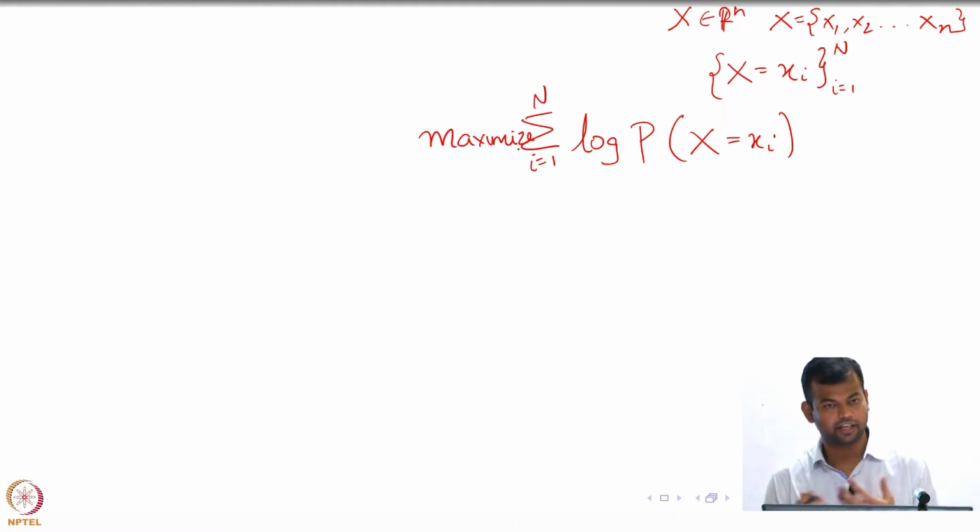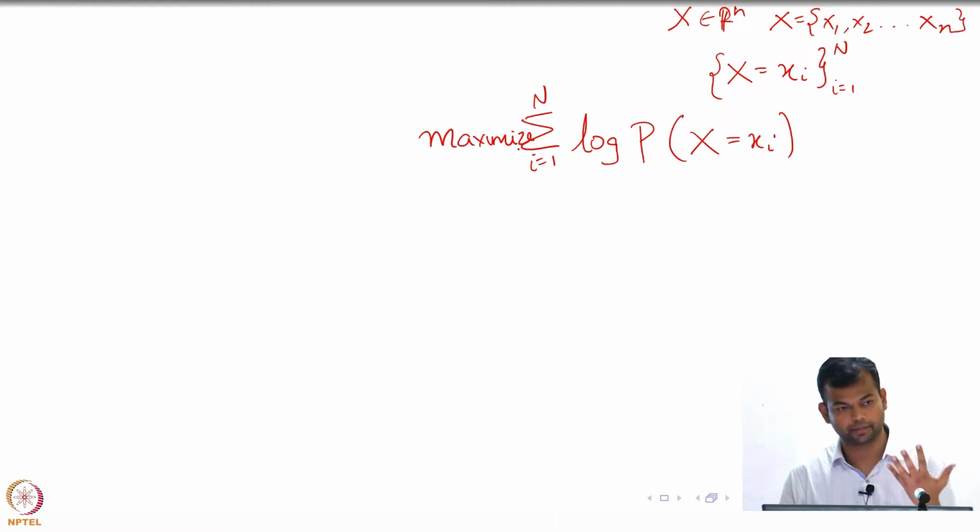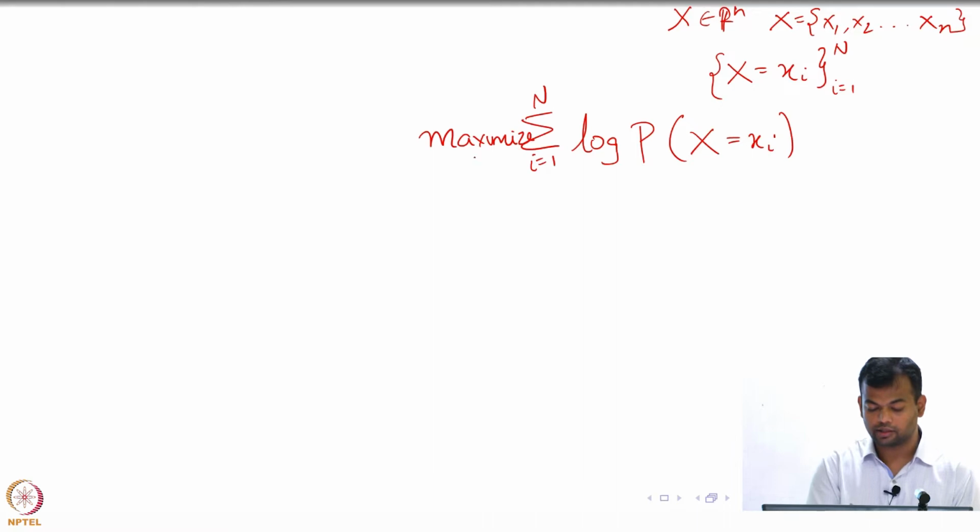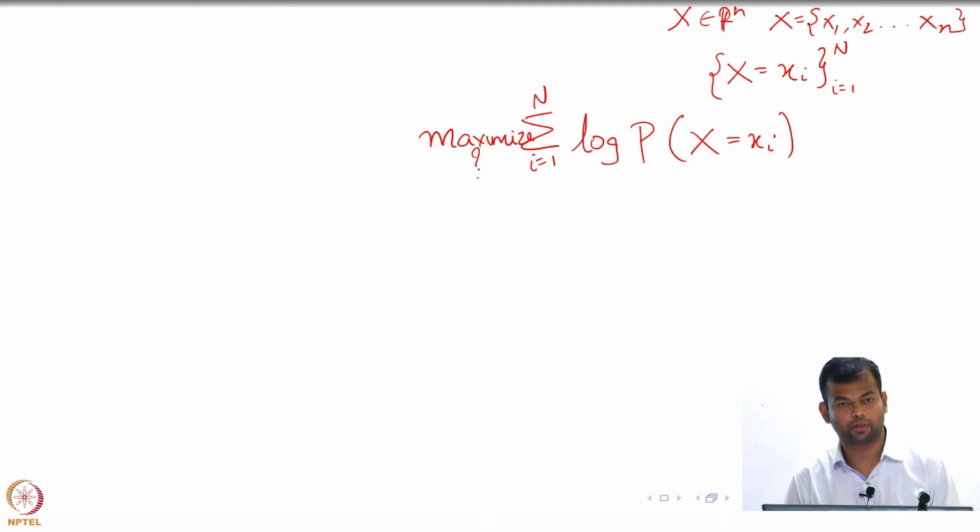This makes sense because this is what the data looks like, and here are some instances of this data. So if I'm assigning probabilities to these instances, I better assign high probabilities to them. I better maximize the probability of the instances that I've already seen in the training data. Now the question is, what are the parameters of this objective function or this optimization problem? That's the question that we need to look at.